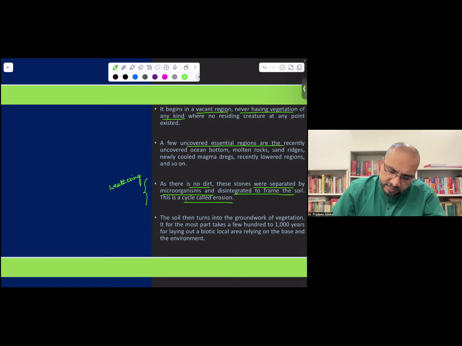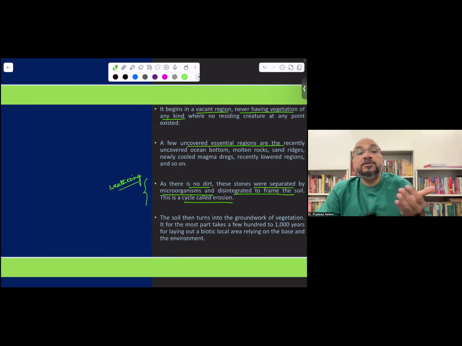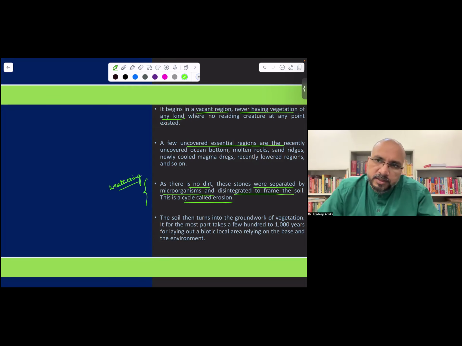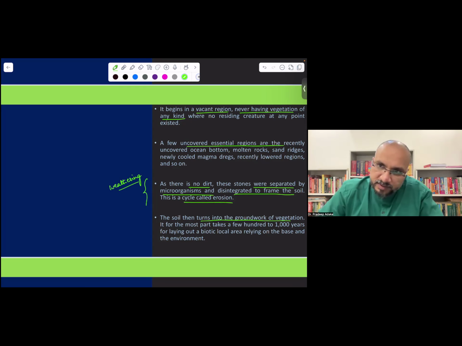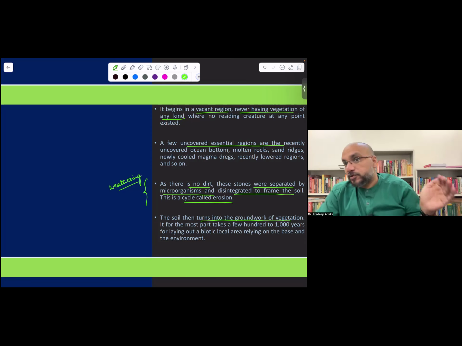Bare rocks are turned into soil. Through biological weathering and physical weathering, they will be converted to soil. The soil then turns into groundwork for vegetation. If you have soil, then slowly seeds can germinate and plants can take the nutrients from the soil and grow. So soil forms before plants.